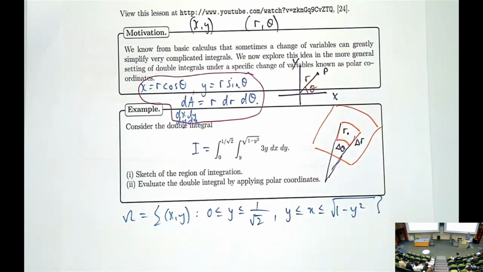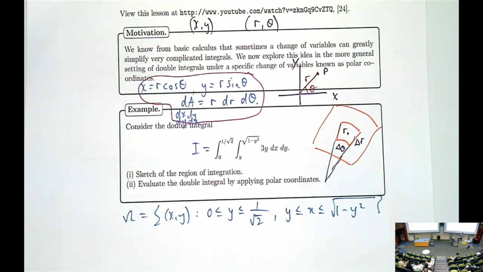Okay, it's getting a bit funky now. So let's draw a picture. Our goal along the way is to describe whatever this region of integration is just using polar coordinates, r and theta. And you'll see how it massively simplifies things.